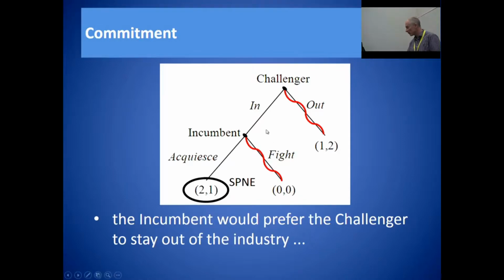It's better than getting 0 there, if they both end up fighting, but the incumbent firm would much rather get this outcome here, where the challenger stayed out of the market altogether. If it did that, the incumbent firm could get its most preferred outcome. But it's not the outcome of the game. So therefore, there's a problem for the incumbent.